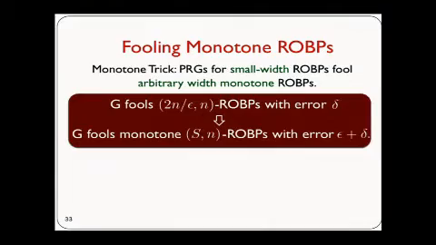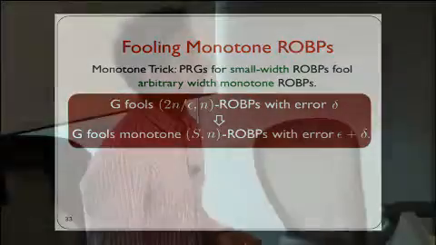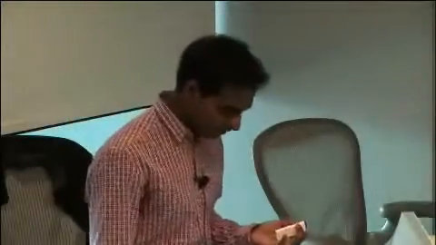And monotone read-once branching programs are interesting because we show that PRGs for small width read-once branching programs fool arbitrary width monotone read-once branching programs. That is, in particular, if a generator G fools width 2n over epsilon width ROBPs with, say, error delta, then it will fool all monotone read-once branching programs, irrespective of the width, with error epsilon plus delta.